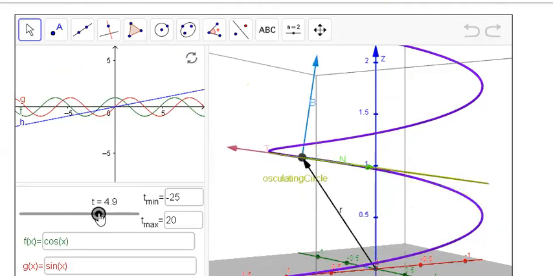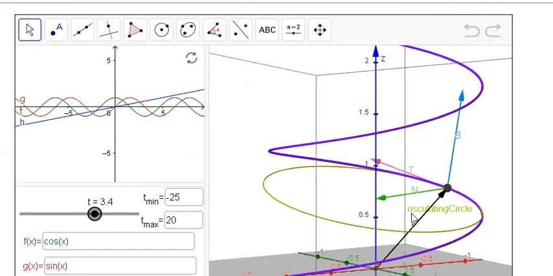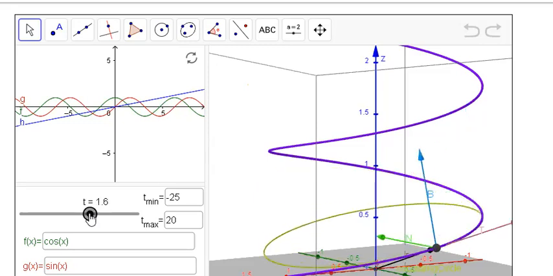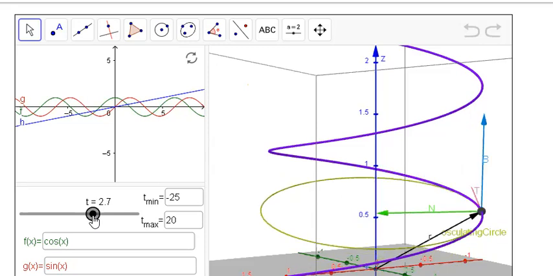And this is another one: the osculating plane. The plane of T and N is called the osculating plane. Look at how that plane changes according to this parameter value.